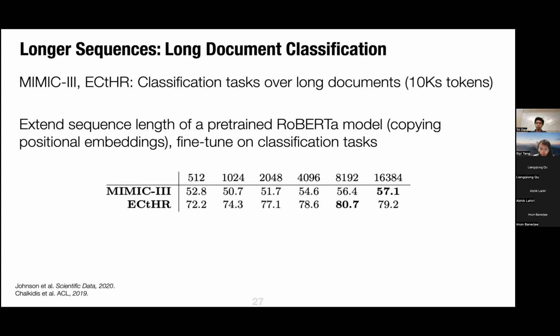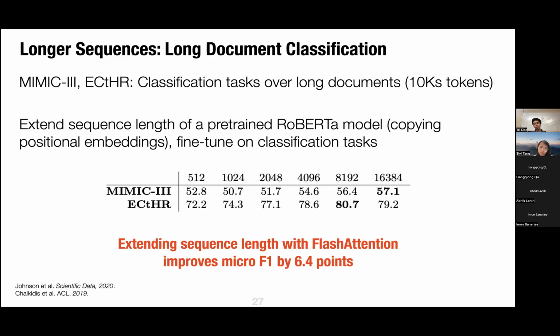And the sequences could be pretty long, up to 10K. When we take a pre-trained model, extend its context, and fine-tune on this classification task, we see that we immediately get some improvement in quality by simply using longer context. So yeah, this makes sense.